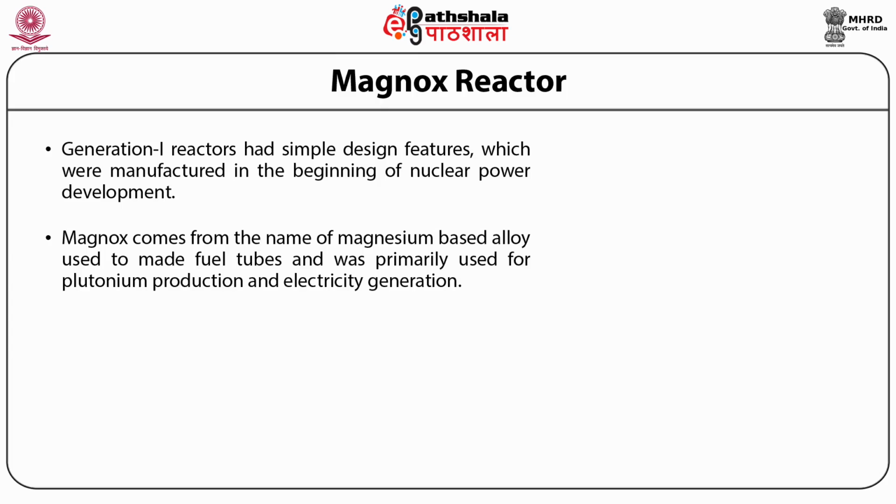Generally in that reactor, graphite was used as a moderator, natural uranium as fuel, and CO2 as coolant. The schematic of the Magnox reactor is shown in the figure below.